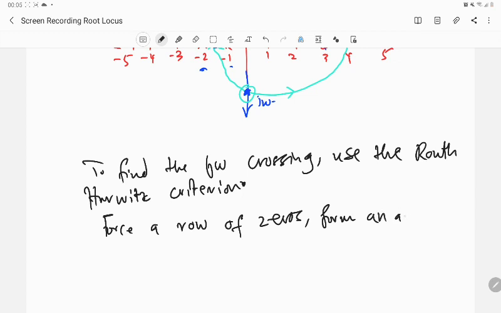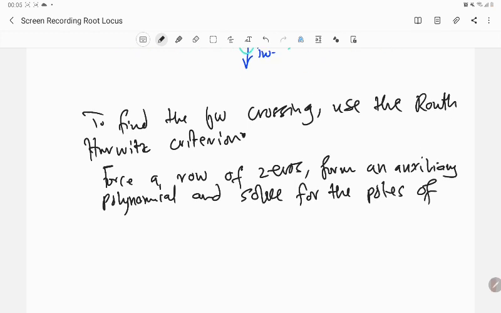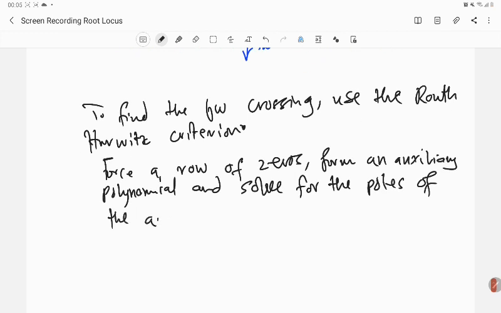an auxiliary polynomial and solve for the poles of the auxiliary polynomial.